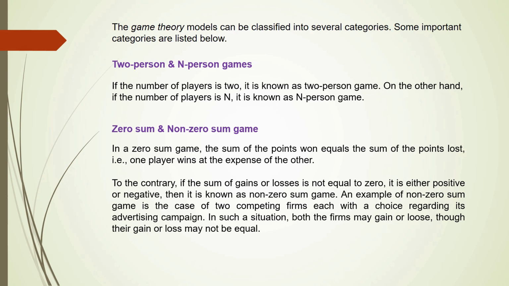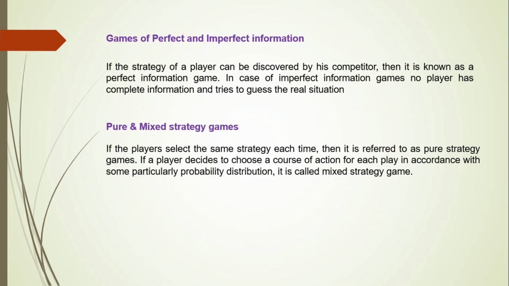An example of a non-zero sum game is the case of two competing firms, each with a choice regarding its advertising campaign. In such a situation, both firms may gain or lose, though their gain or loss may not be equal. It may vary. It is not always equal. The next one is the game of perfect and imperfect information.